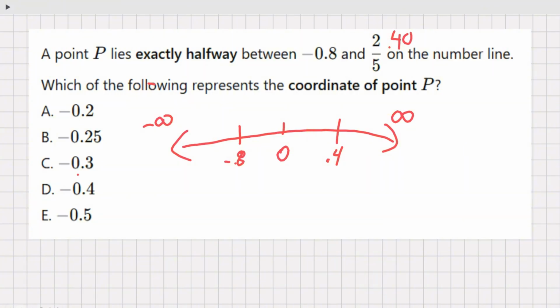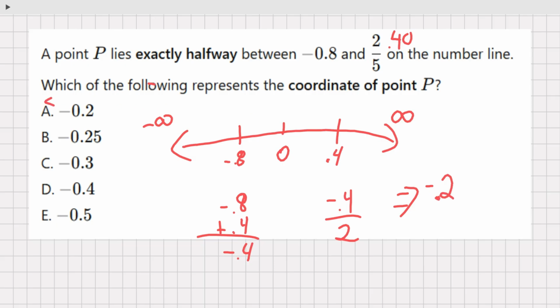Some of these answers are very close together, but one way you can find the midpoint between 2 points is you can add them together and divide them by 2. So if I was to take negative 0.8 plus 0.4, that should give me negative 0.4. And if I divide negative 0.4 by 2, that should give me negative 0.2.